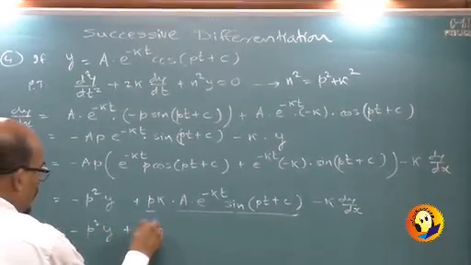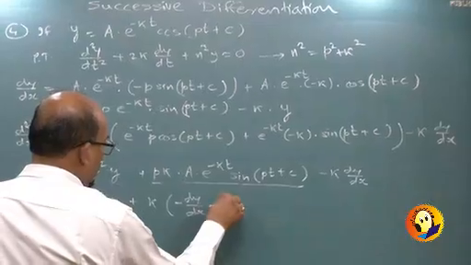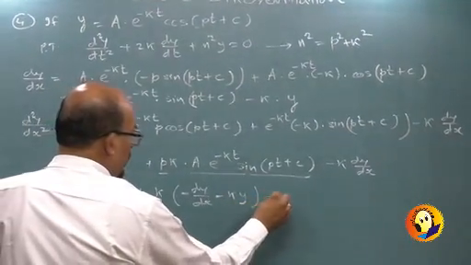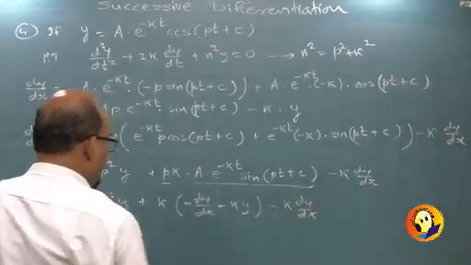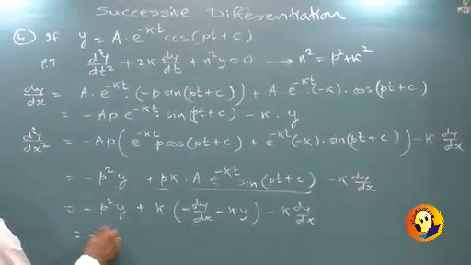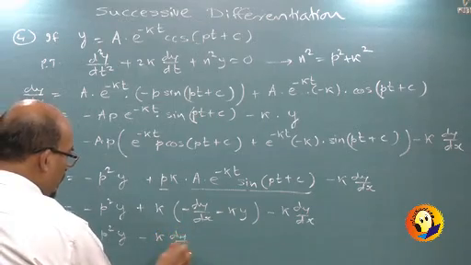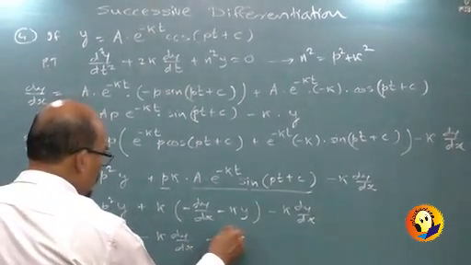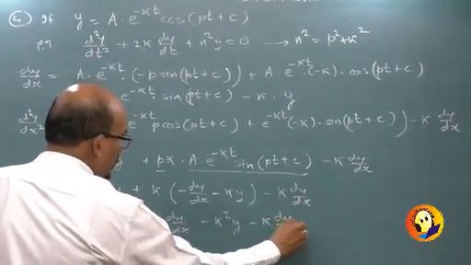This k is already there. It is minus dy by dx minus ky, minus k dy by dx. So it becomes minus p square y minus k dy by dx minus k square y minus k dy by dx, and it is proved.